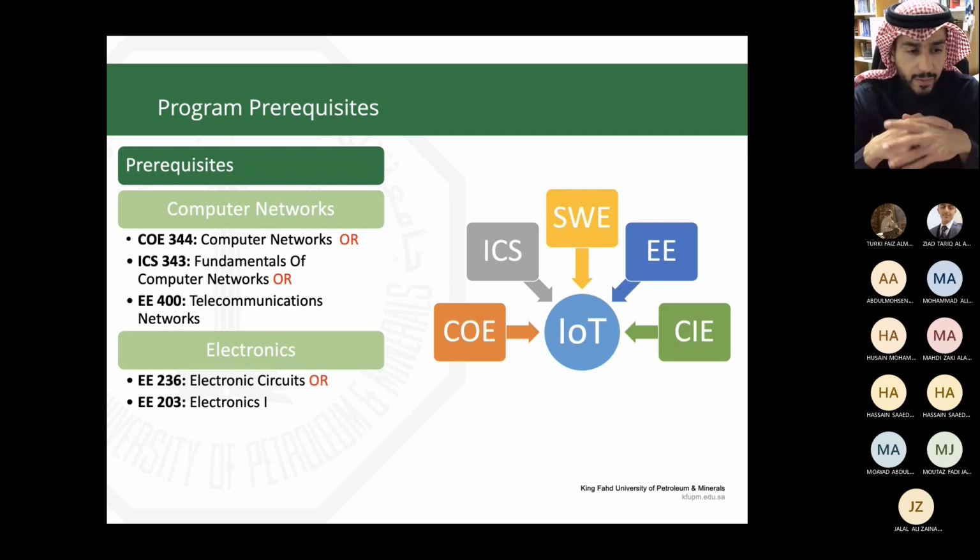Certain students told me they were hired by some companies because they had taken a course in IoT. There is, for example, the Advanced Electronics Company. If you have heard of it, they actually work on IoT solutions.